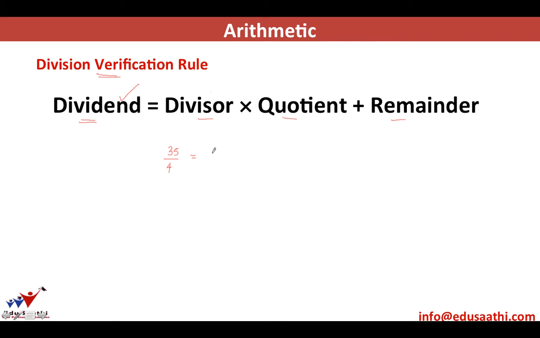It could be written as 4 into 8, 32, plus 3. So 35 can be written as 4 into 8 plus 3. So dividend is equal to divisor into quotient plus remainder. This is the divisor, this is the quotient, and here what you get is the remainder.